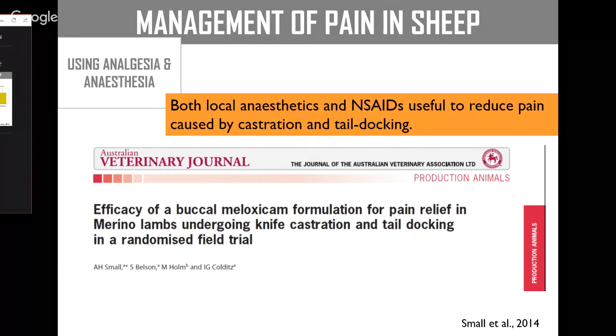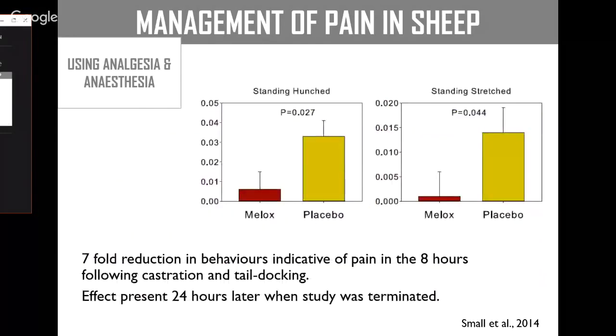Just to give you an example, I'd like to highlight this paper reporting on oral meloxicam to decrease behavioral changes related to pain after castration and tail docking. And I think perhaps one of the most relevant findings of this paper is that meloxicam was found to be not only effective, but very effective indeed.